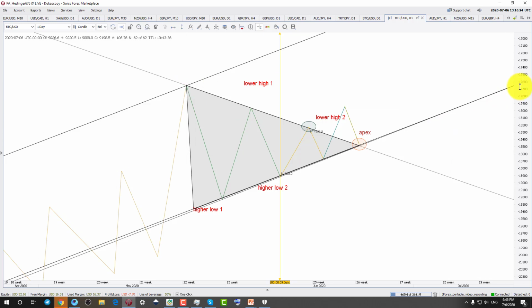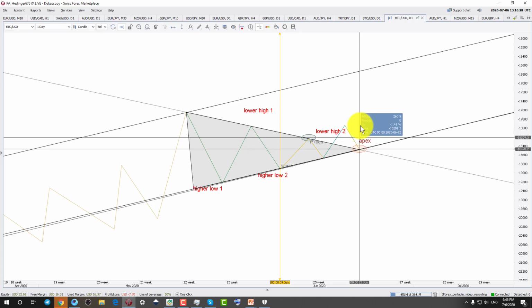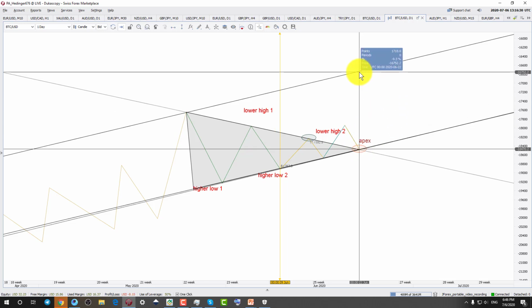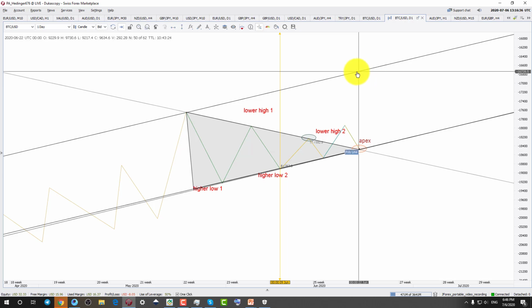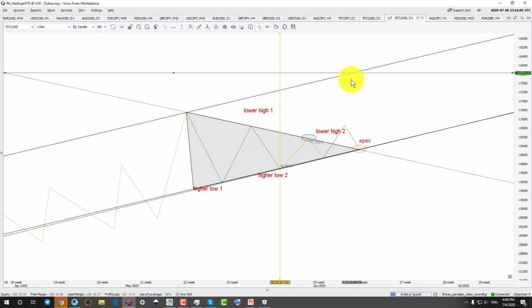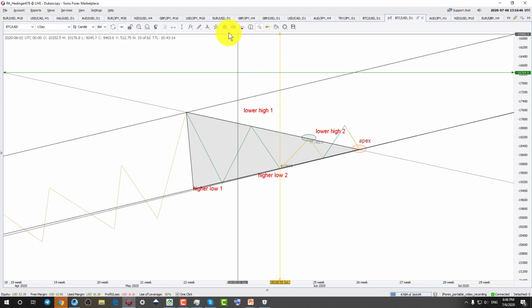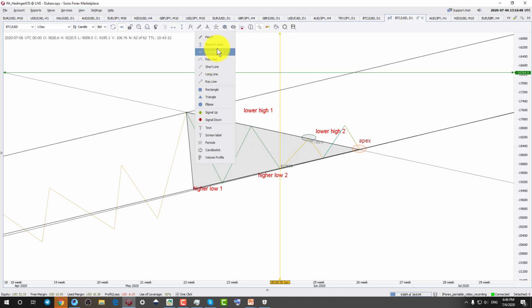Okay, and in this case you can say this will be your target, which is again 1731 points. I hope you got it. This will be your target here, approximately this place. So you will book your profits when the price goes in this direction and here.